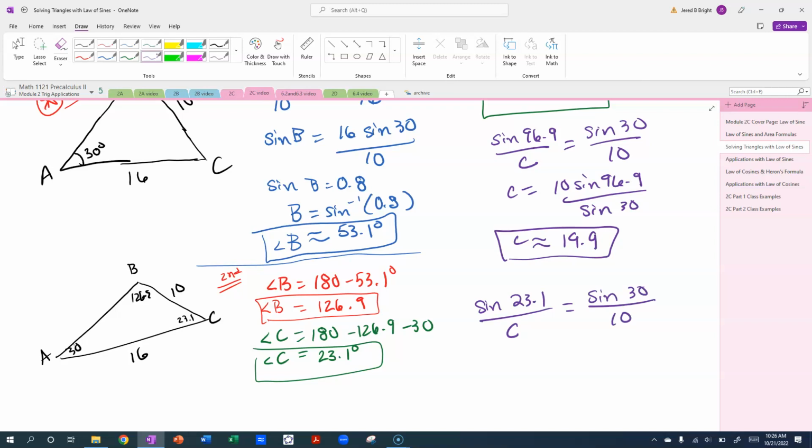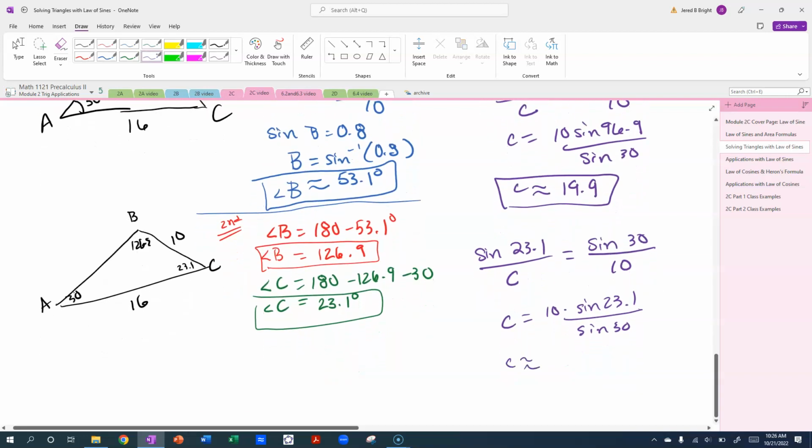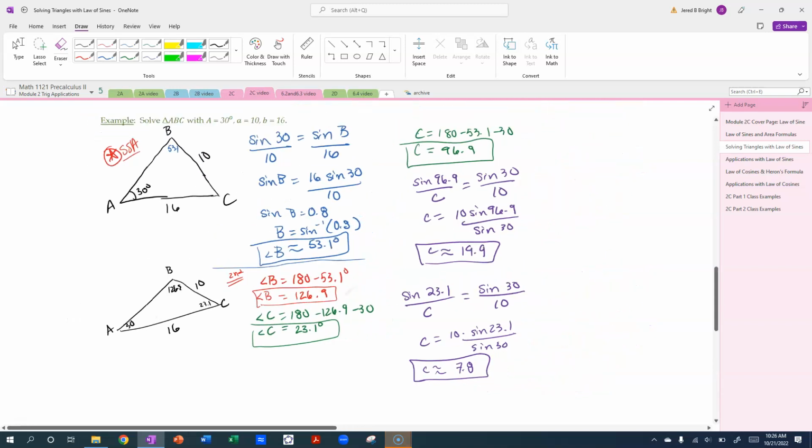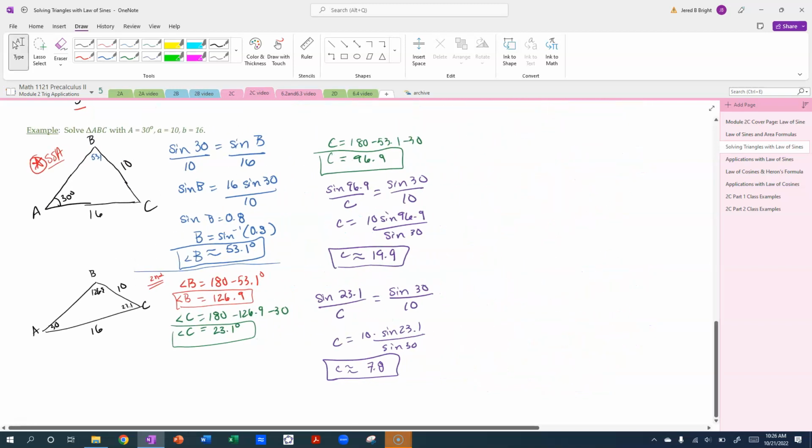Again, I prefer to use that known pair, and C would be 10 times sine of 23.1 divided by sine of 30. And if you do this, C is approximately 7.8.